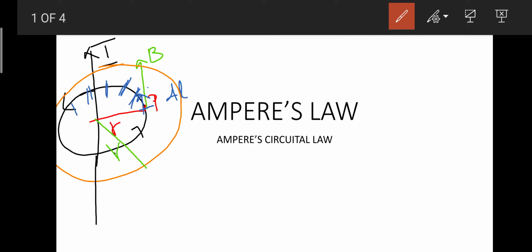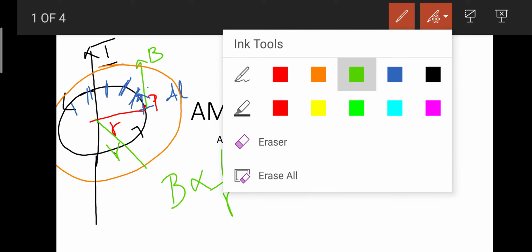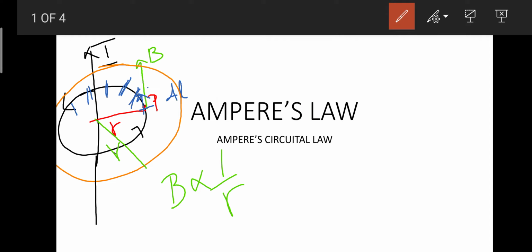When r is greater, that means B is getting smaller, according to the condition that B is inversely proportional to r, which we have already studied in electrostatics and electromagnetism as well. This is the property of the magnetic field lines. So B would decrease. To keep the product of B and dl constant, we will increase the length element. Now the length element would be greater than what we took previously.